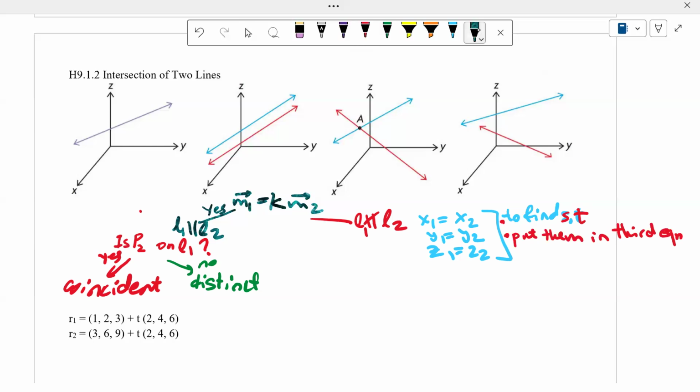So in the third equation, or equation 3, you're going to ask, is the left-hand side equal to the right-hand side? If it is, that means we're going to have a point of intersection.